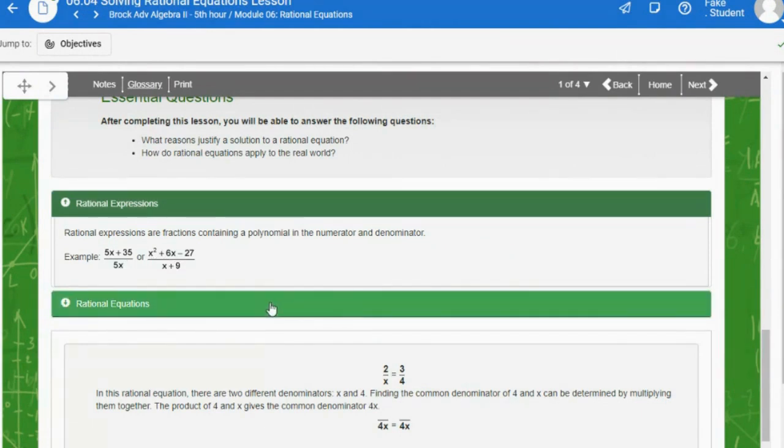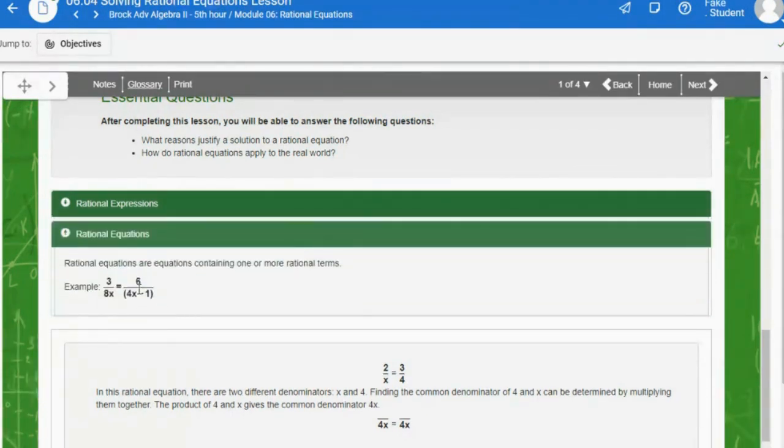Rational equations, if it has the word equation, there has to be an equal sign. And they have rational items like 8 over x. There's got to be an x in the denominator to be a rational equation. But the word equation means there's an equals. Equal, equate, equations. All right.